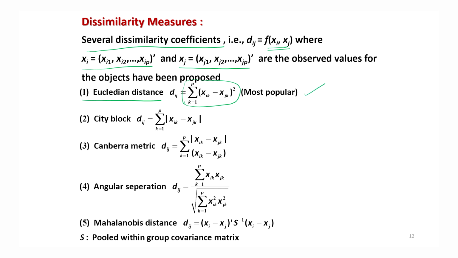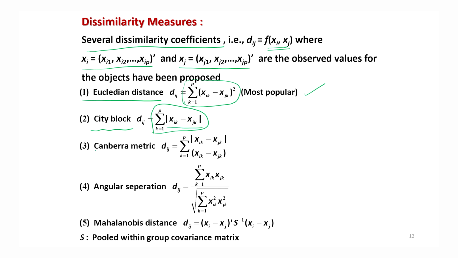and this is one of the popular measures of dissimilarity. Similarly, there is another measure here which is called the city block difference, which is like this: summation k goes from 1 to p of the absolute value of the difference between xi and xj, that is, absolute value of xik minus xjk.